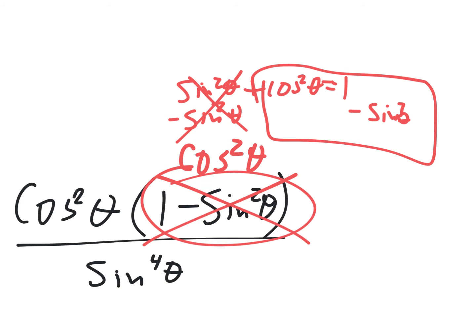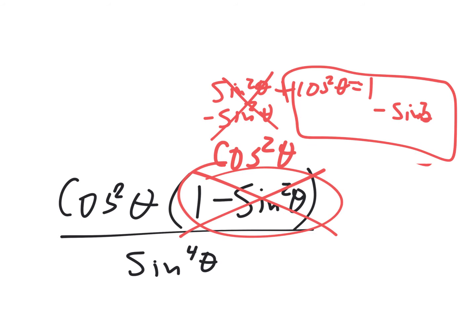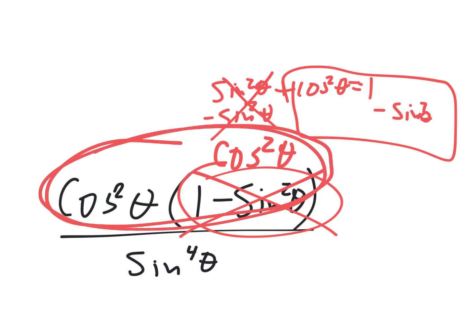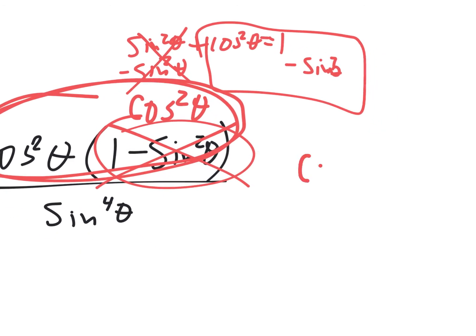Come on, you can do this. Yes? Okay, so you put this together and you made cosine to the 4th. Because cosine squared times cosine squared would be cosine to the 4th. Over sine to the 4th. And can you finish it?